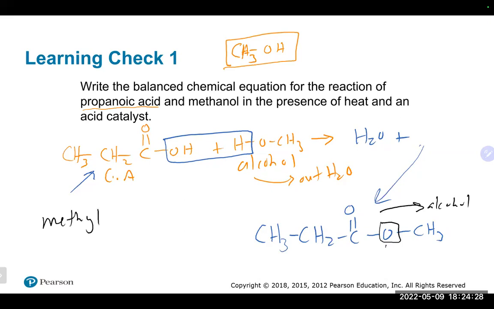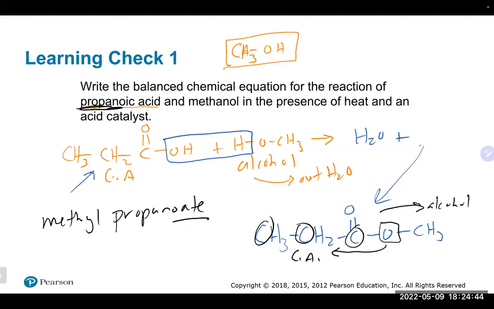Now, going the opposite way towards the carbon-oxygen double bond would give us our carboxylic acid part, and that has 1, 2, and 3 carbons, hence the name here. And that would then become propanoate, O-A-T at the end of it. So there are 2 ways to remember the naming part of it, right there.